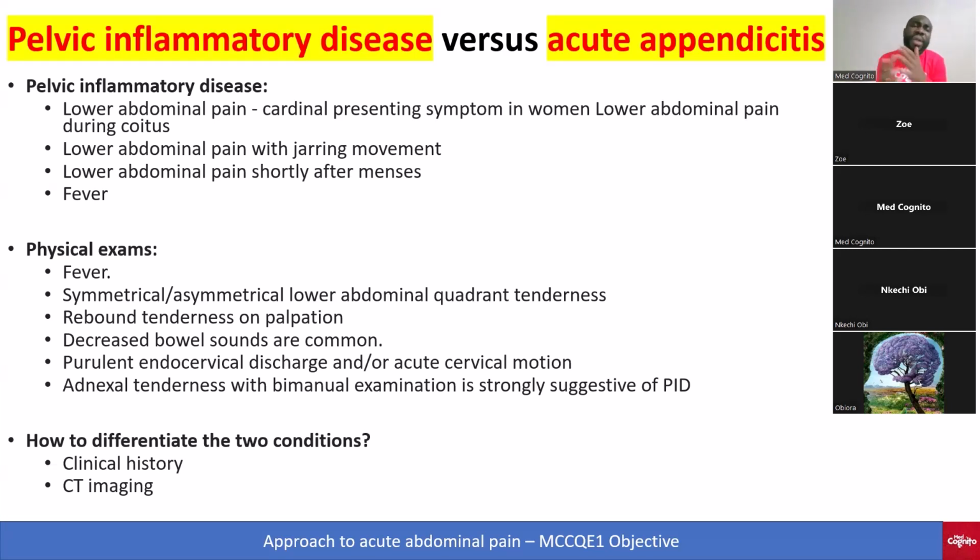But in a board exam situation, look for that patient who has cervical motion tenderness. Like when you do a vaginal exam and you move the cervix, the patient has a lot of pain. But tubal ovarian abscess and pelvic inflammatory disease are on a spectrum. If pelvic inflammatory disease is not managed properly, it can complicate into tubal ovarian abscess. So that's a very legitimate concern that you had, right?